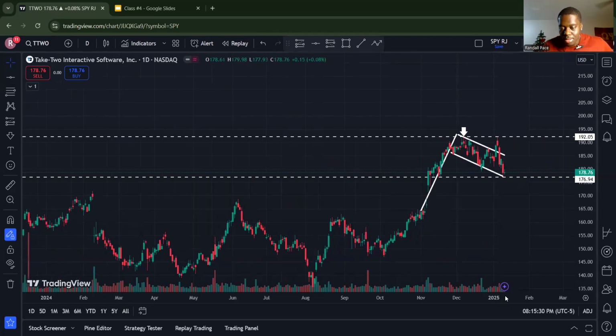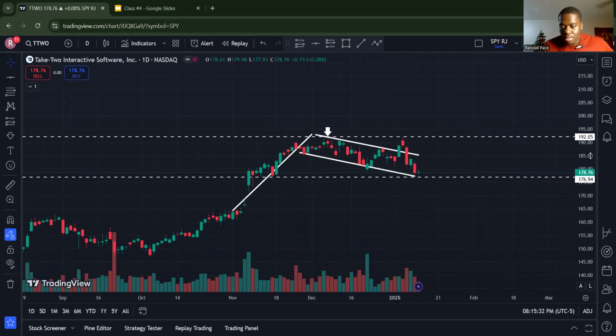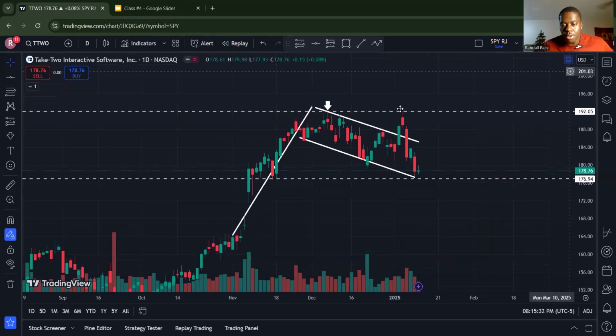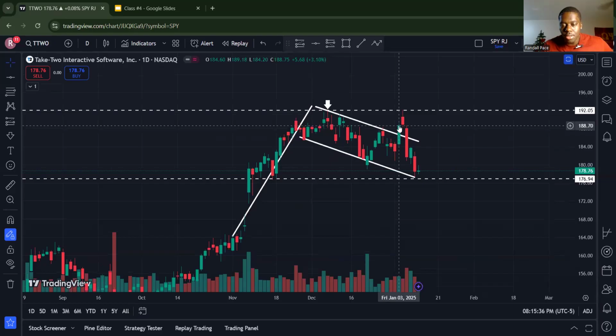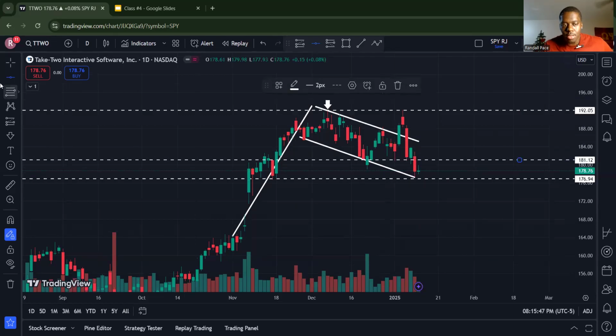But at this time, that is the high that you would be looking for. If you were to get in here, I would do my stop here. I would personally do mine here if I was getting in at this breakout.